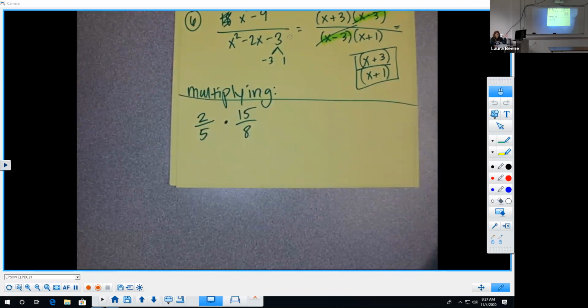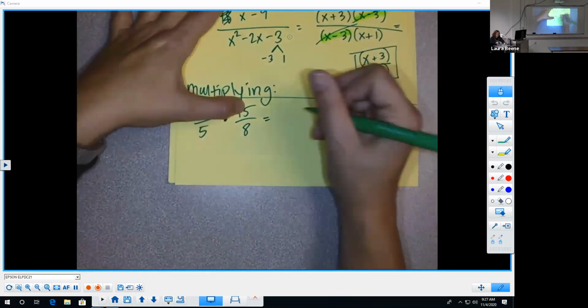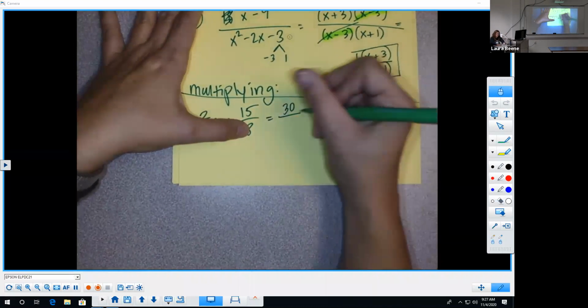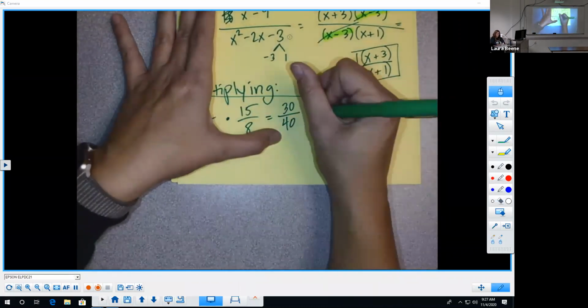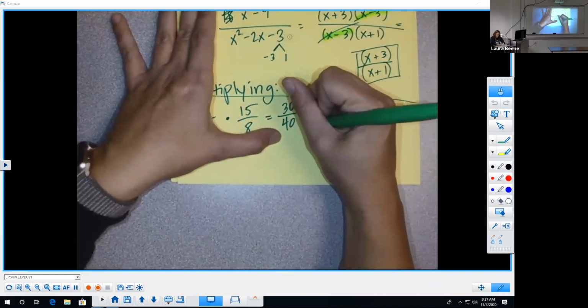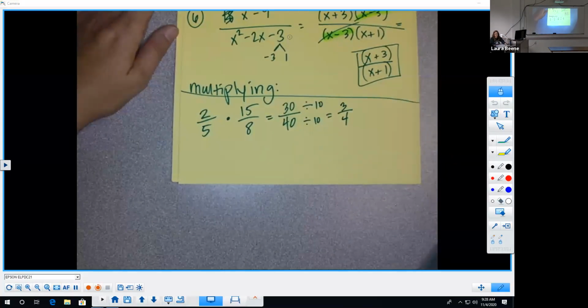One way you can multiply fractions, multiply across the top, multiply across the bottom, right? If I multiplied across the top here, 2 times 15 is 30. 5 times 8 is 40. 30 over 40 reduces to, I could divide them both by 10, right? And I would get 3/4.